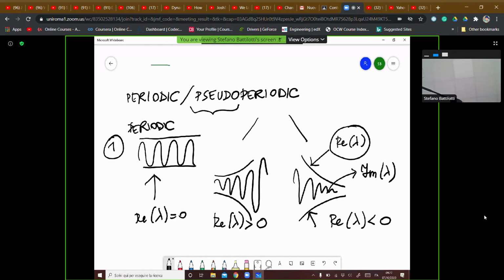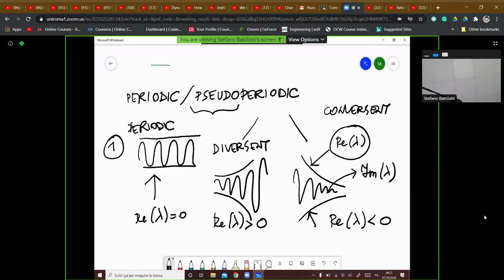When the real part of the eigenvalue is greater than 0, is positive, we'll have a pseudo-periodic divergent mode. Okay. Divergent mode and convergent mode.